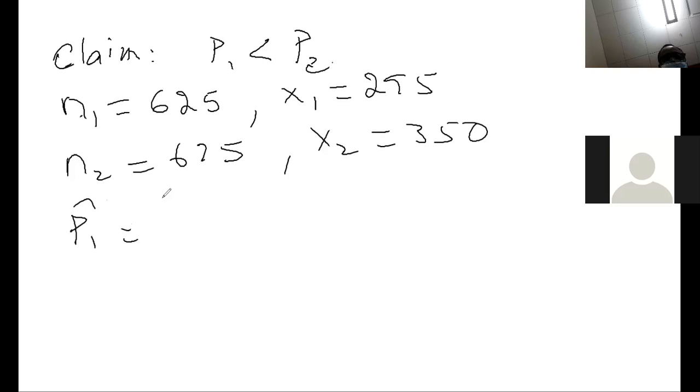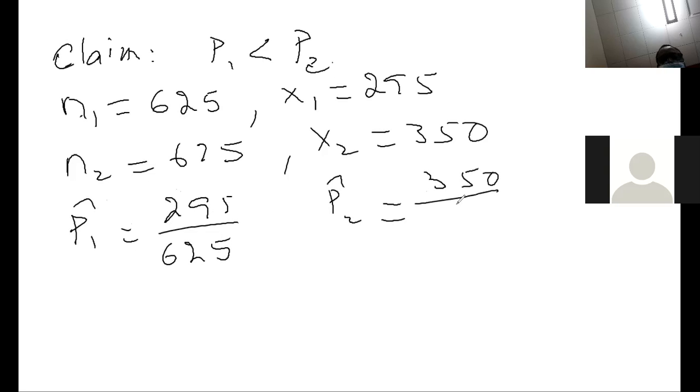P1 hat is 495 over 620. And P2 hat is 350 over 620. You are entering your values into your calculator. I'm doing this to keep myself busy. You have everything you need to enter into the calculator.